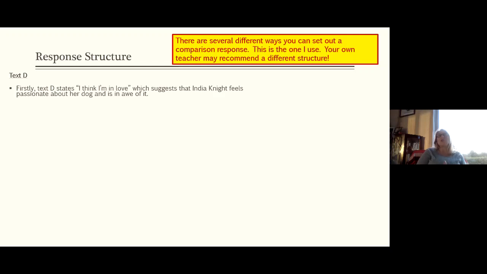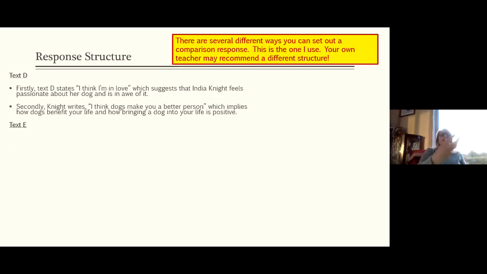Secondly, Knight writes, "I think dogs make you a better person," which implies how dogs benefit your life and how bringing a dog into your life is positive. So again, it's that positive thought about owning a dog. She thinks it's a really positive thing and it makes you a better person.